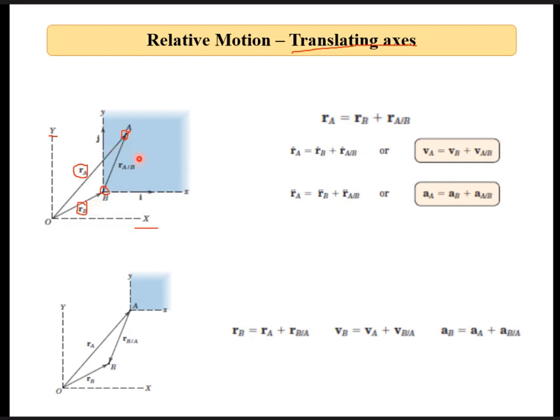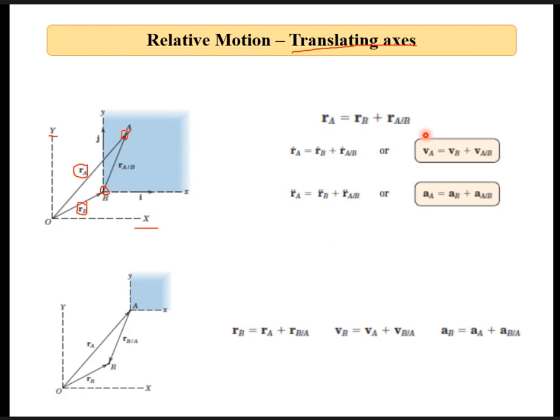RAB. So basically we can say that RA is equal to RB plus RAB, from the translating axes.